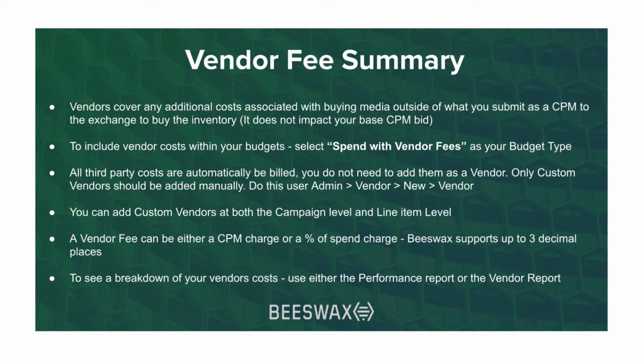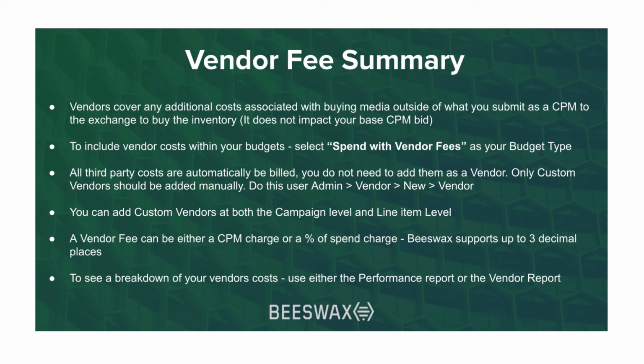Third-party costs that are linked with Beeswax, for example, BlueKai or Moat Viewability, will be automatically added and billed. You do not need to manually add them as a vendor. You should still select spend with vendor fees if you want this included in your budgets that you have inputted, but only custom vendors should be added manually to campaigns or line items, and you can create custom vendors via the admin dropdown.